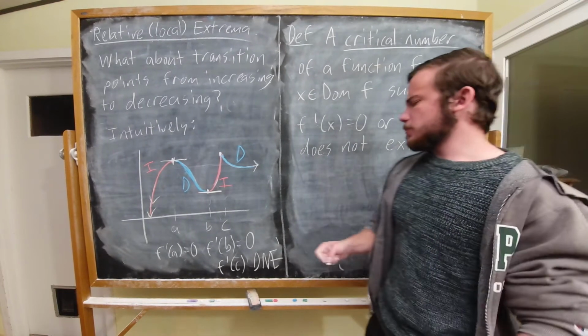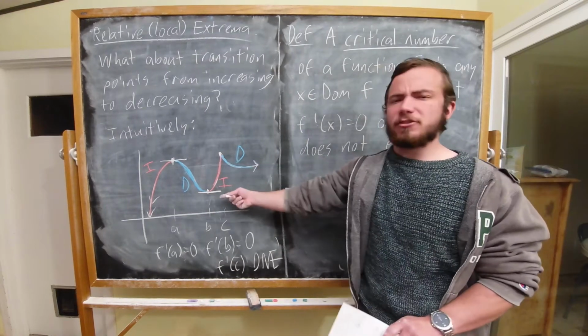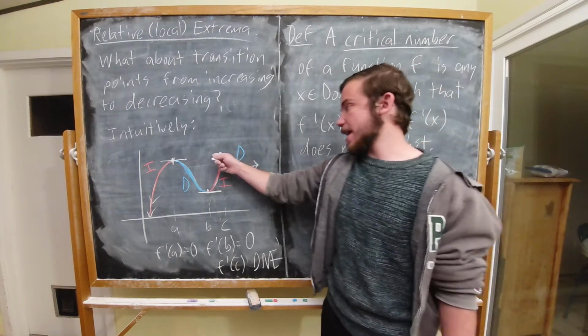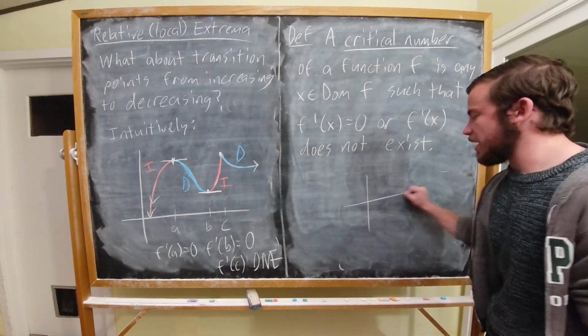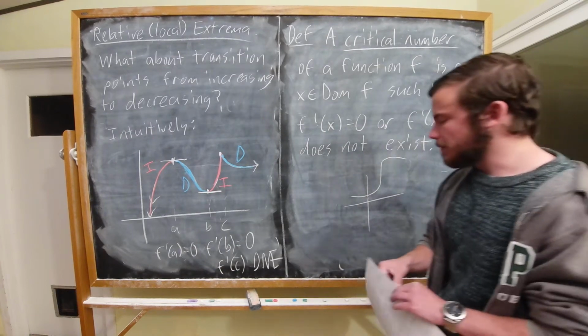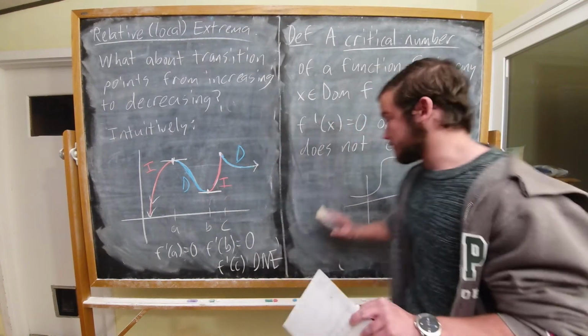Alright, so remember, 0 tangent, pretty easy to think about. f prime of x not existing, that's either a spike like this, or you can have a point with a vertical tangent line. And that's the other place where the derivative won't exist.